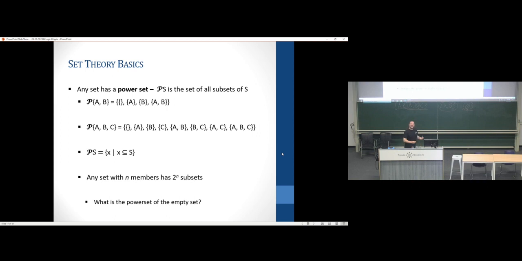The power set of the empty set is singleton empty set. Because what's the only subset in the empty set? The empty set itself. Again, the power set operation gives us, what are all the subcollections? Give me all the different subcollections. How could we box up all the things that are in there in different ways?